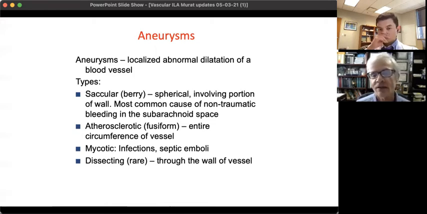So arterial dissection is basically an injured blood vessel wall. Blood starts leaking into the blood vessel layers, usually between the layers of the media and sometimes between intima and media, just dissecting it throughout.